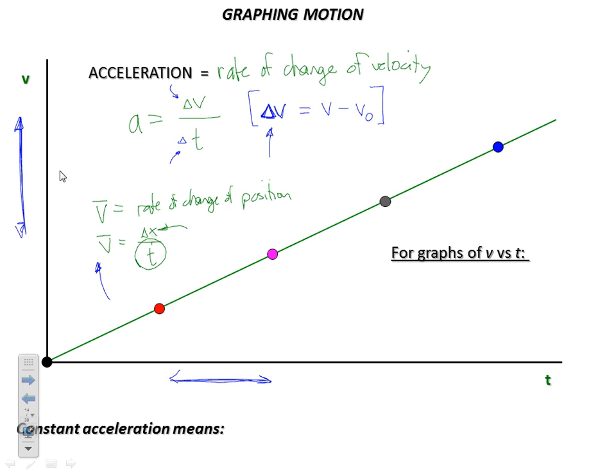So for this kind of graph, slope equals acceleration. Now, wait, we said before that slope is velocity, right? But that's for an x versus t graph. Slope equals average velocity. For a v versus t graph, slope is acceleration. Fair enough? Okay.